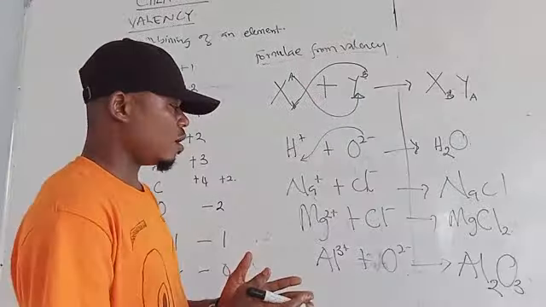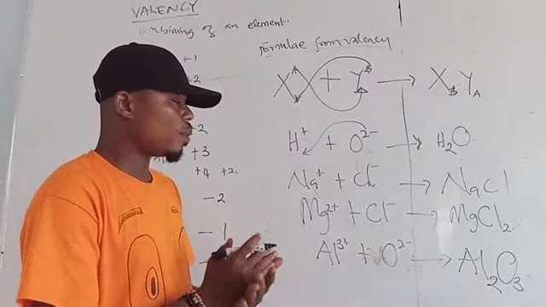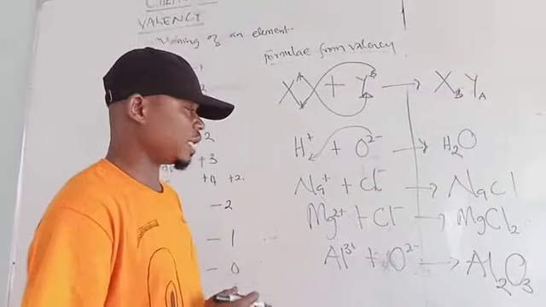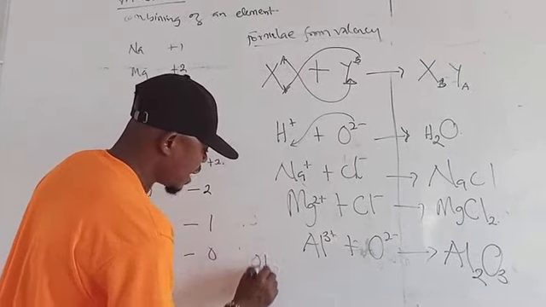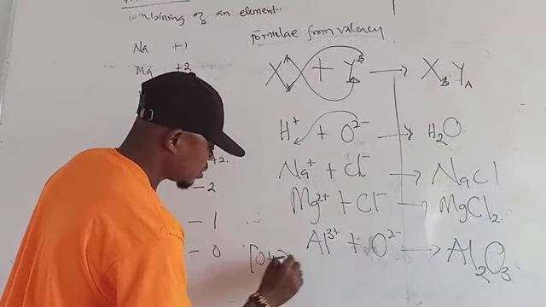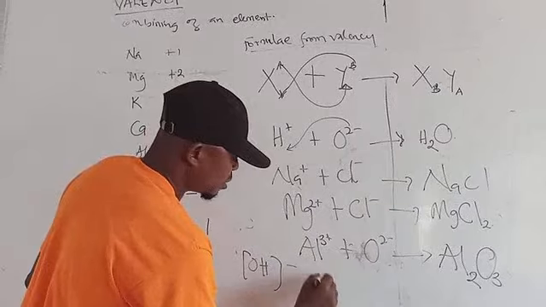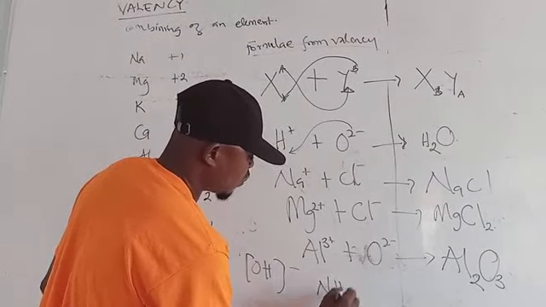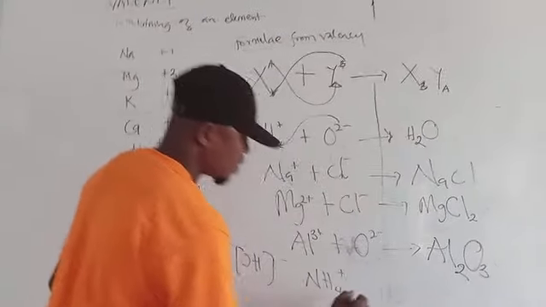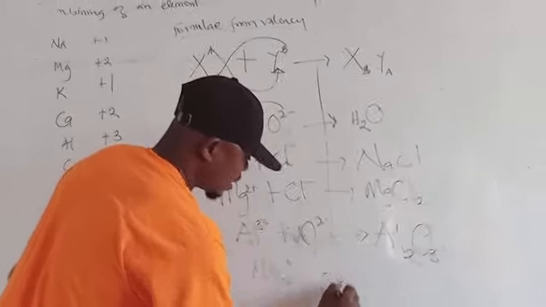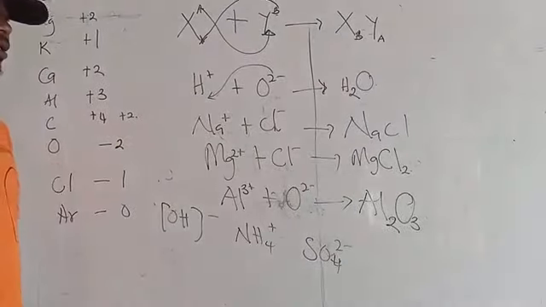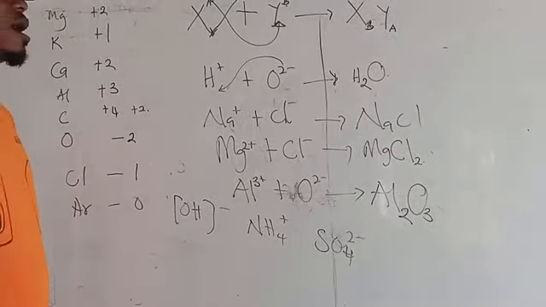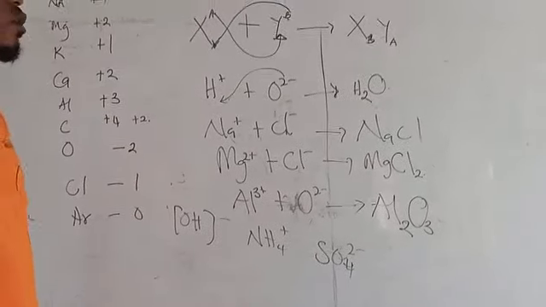Now we'll have what we call radicals. We defined them before. They are simply a group of atoms that carries a charge. Radicals include OH minus, NH4 plus, SO4 2 minus. All these are radicals, and they also react and form compounds. And how do they do it?